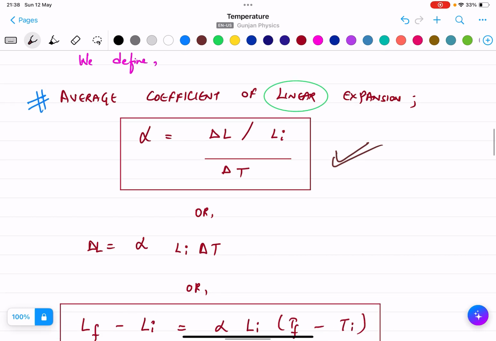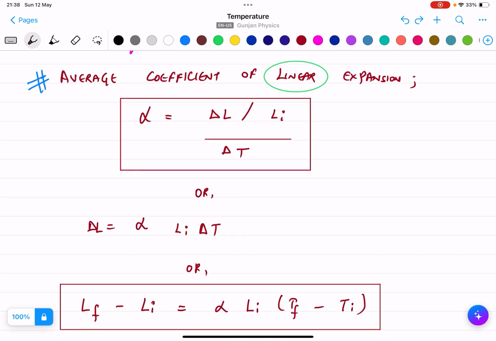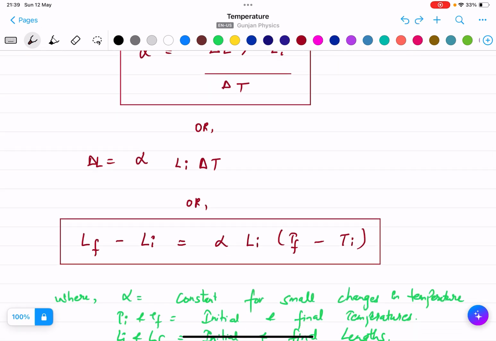If I multiply it out, I can write delta L equals alpha Li delta T. Delta L means Lf minus Li, which equals alpha Li, and delta T means Tf minus Ti. So we can get this formula as well.